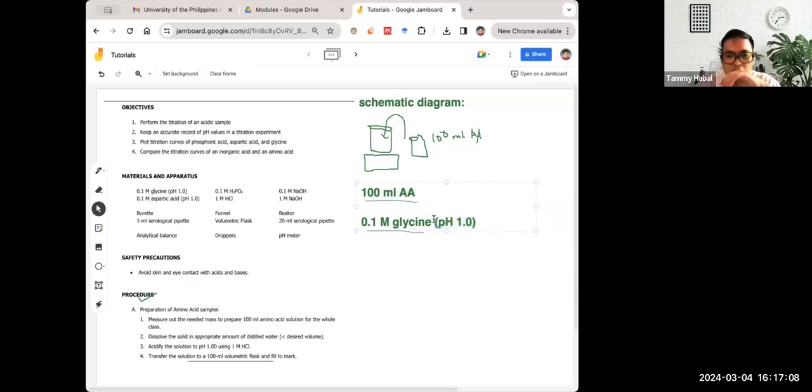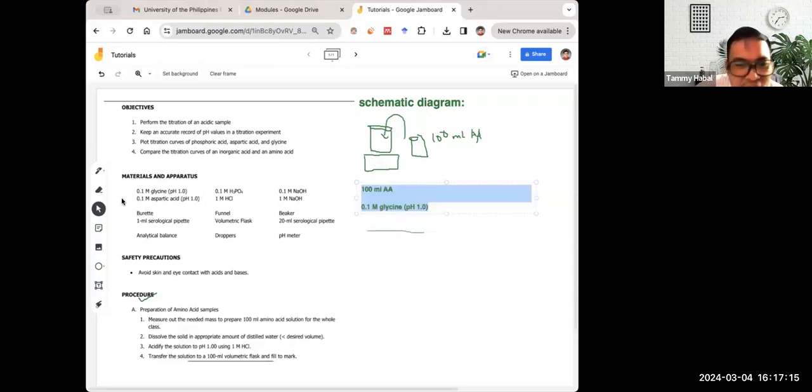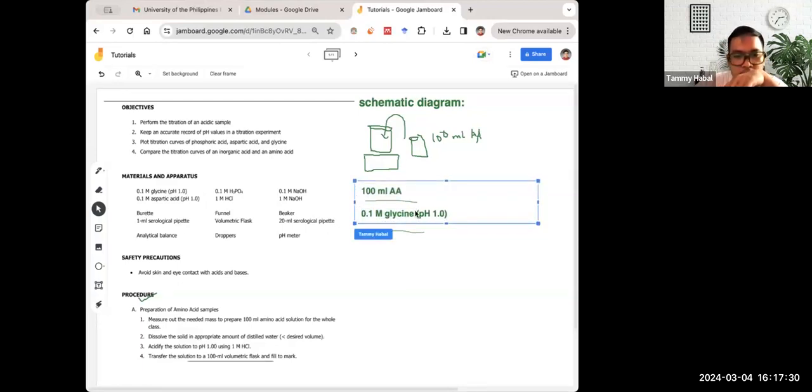How can I edit the font type here? Okay, let's focus here first. How would you produce 100 ml of 0.1 molar glycine?